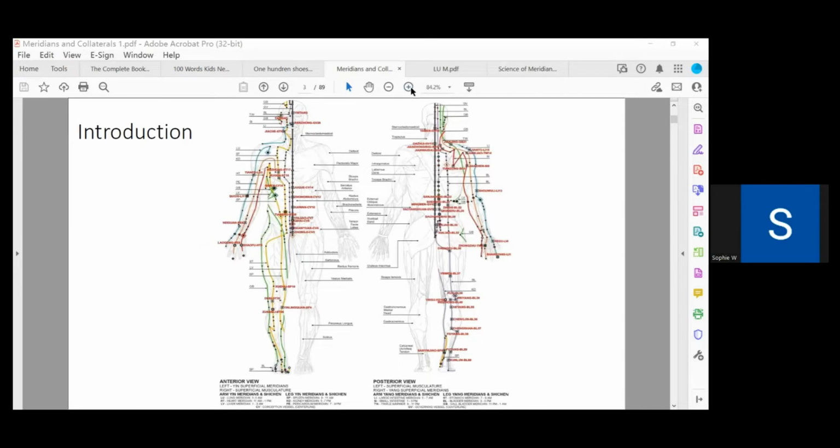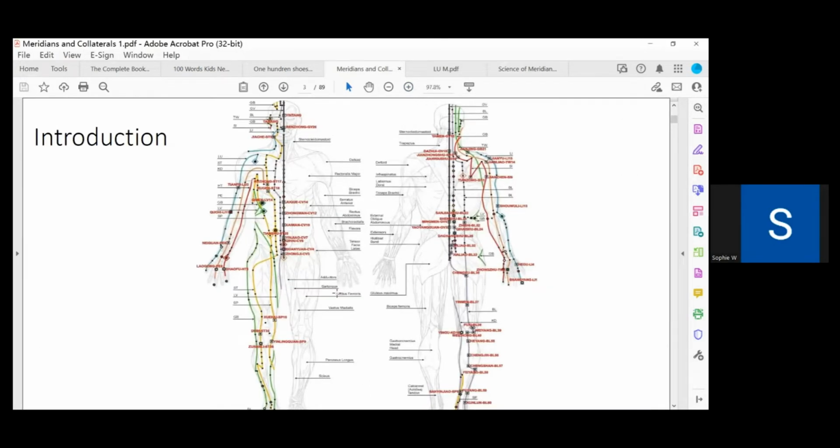Okay, take a look at this picture. These lines, red color, blue color, are meridians, and they are the main meridians.